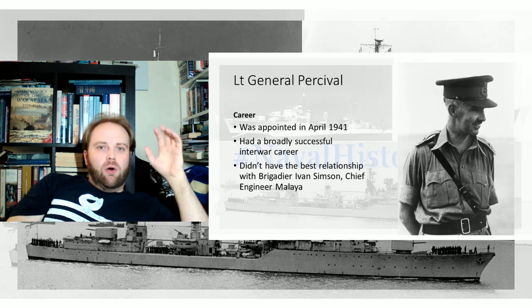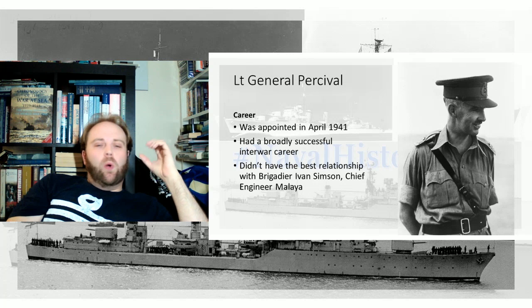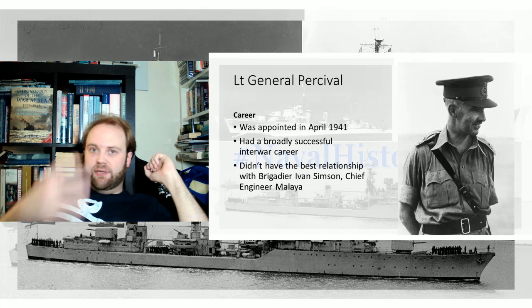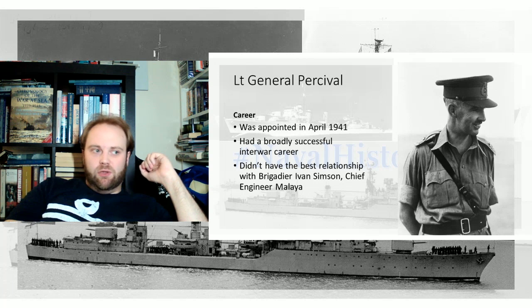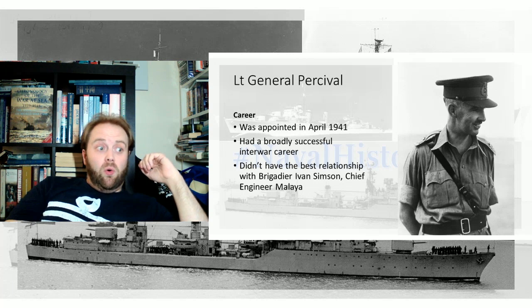Your options are always how do you keep control of your formations? You can either fire one of the brigadiers who's more annoying to you than the others, or you build a consensus. Those are your two options.